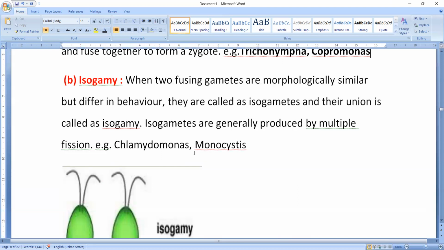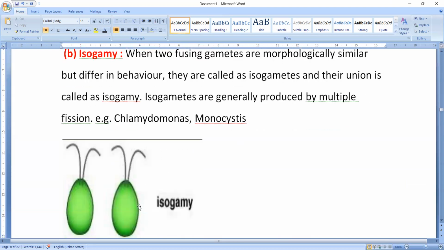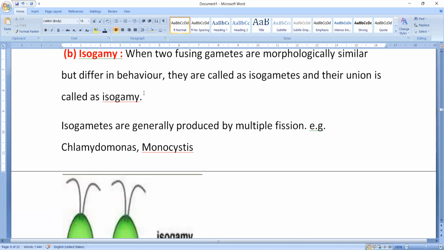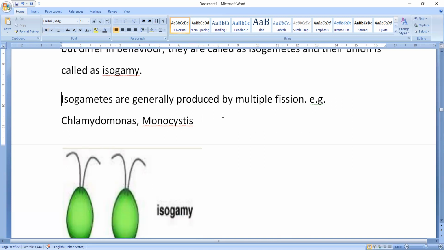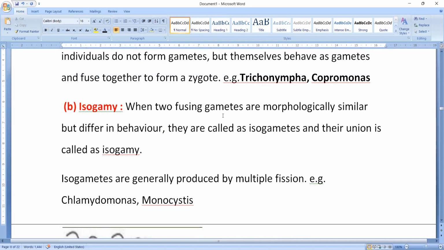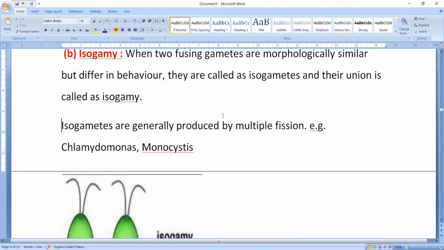Isogamy, we all know that. So two morphologically similar or equal sized gametes are fused. Such kind of sexual reproduction is called isogamy. That means the gametes are similar in size and shape.